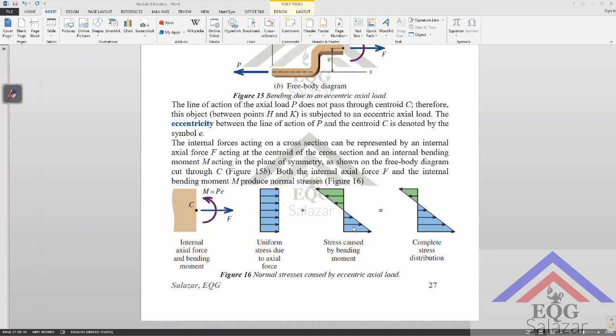Also, your tensile stress at this point can be magnified with the presence of an additional uniform stress. It can also happen that this is all in tension, all in compression, and so on. So you have to be vigilant in what you're calculating.